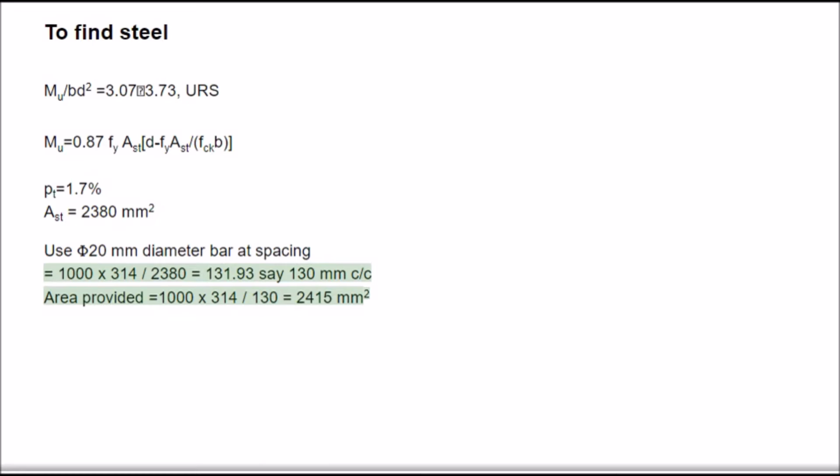Area provided equals 1000 x 314/130 equals 2415 mm2.